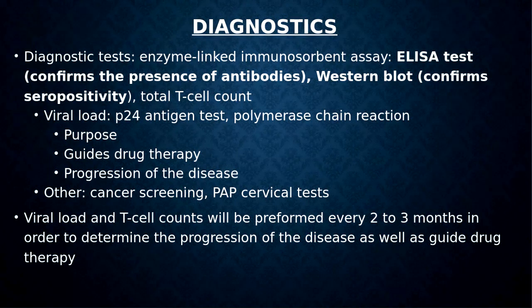A viral load is the number of viral particles in the blood. But before you do your Western blot, before you do that HIV test, you have to have consent. No consent, no Western blot test.